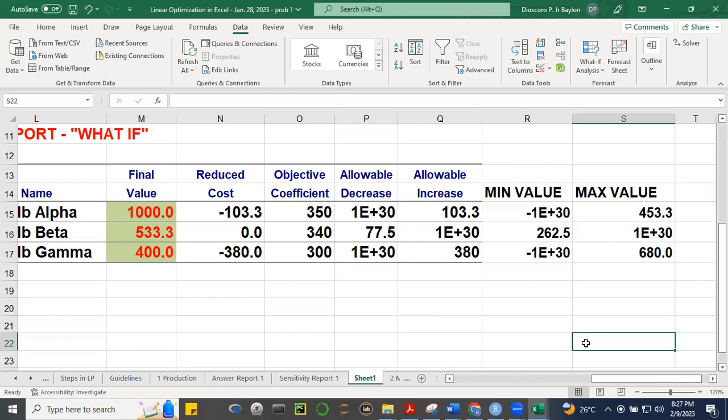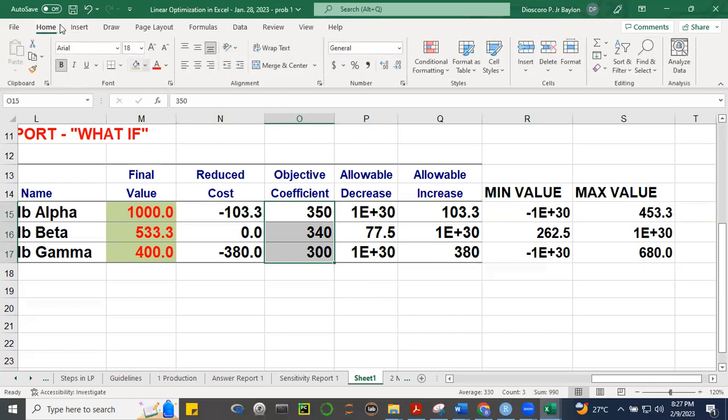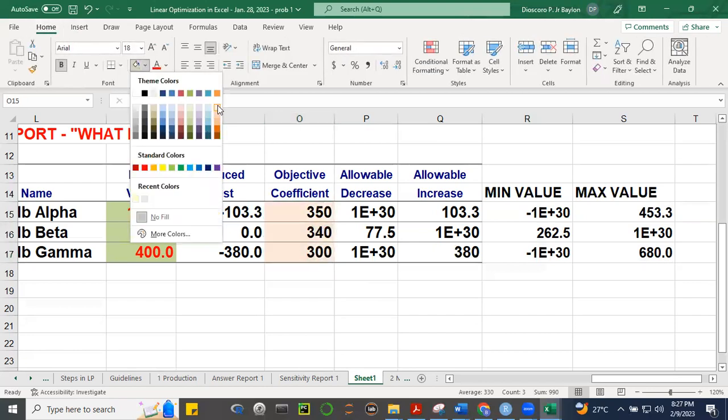Pero yung analysis natin ito, okay, this is based on the assumption that ceteris paribus, no? Within this range, pag nagbago si alpha, this optimal solution holds, assuming that your beta and gamma remain the same. Hindi magbago yung objective coefficient nila. Highlight ko nga to para makikita ko kagad.